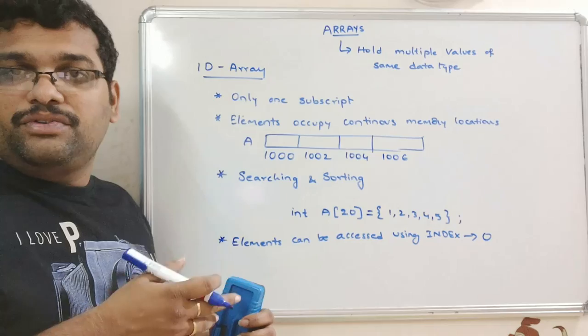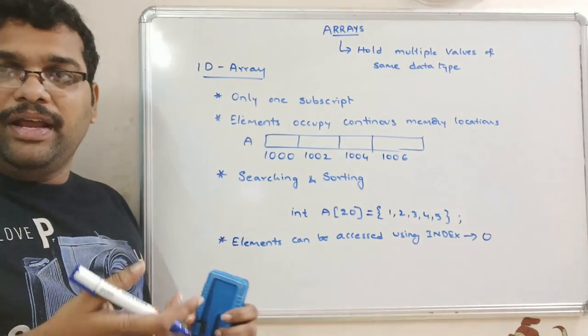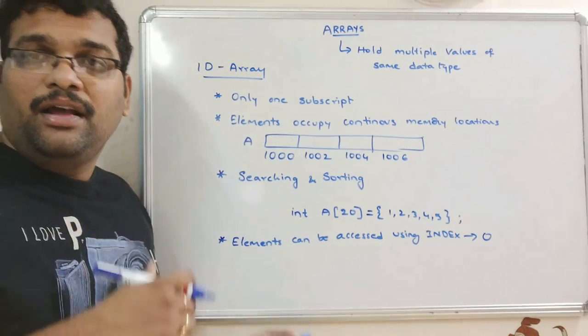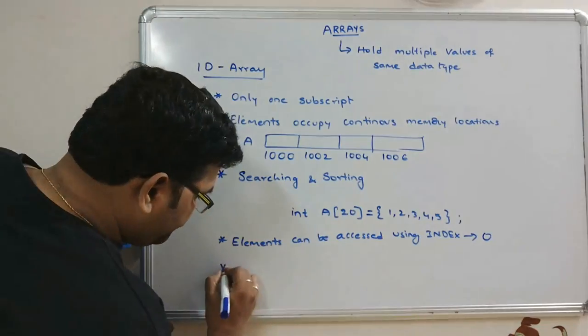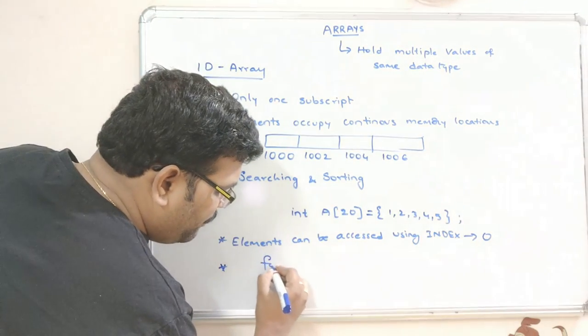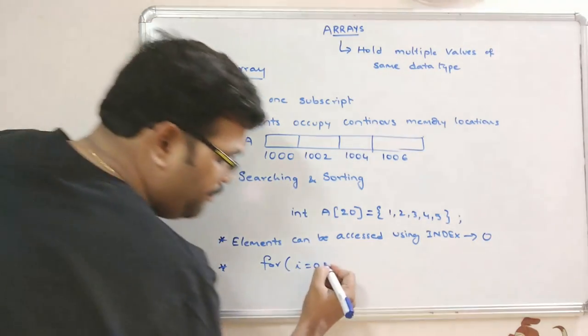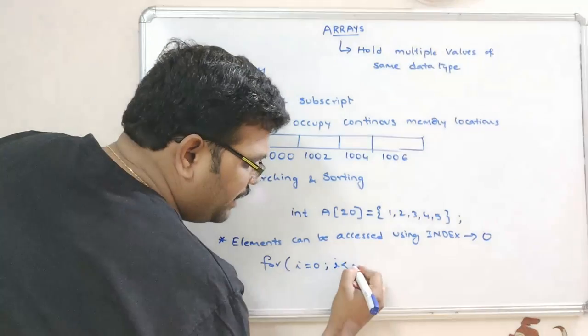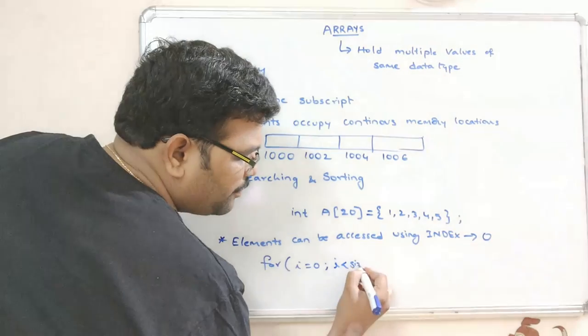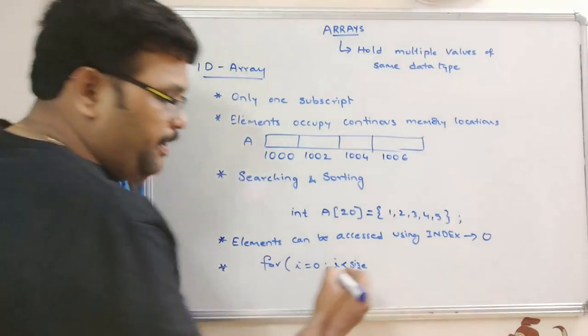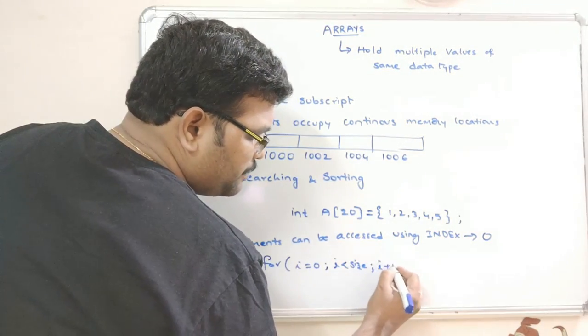You can use for, while or do while in order to read the elements into an array. So for that, for i is equal to 0 because the index value starts from 0, i less than the size, whatever the size may be, i plus plus.